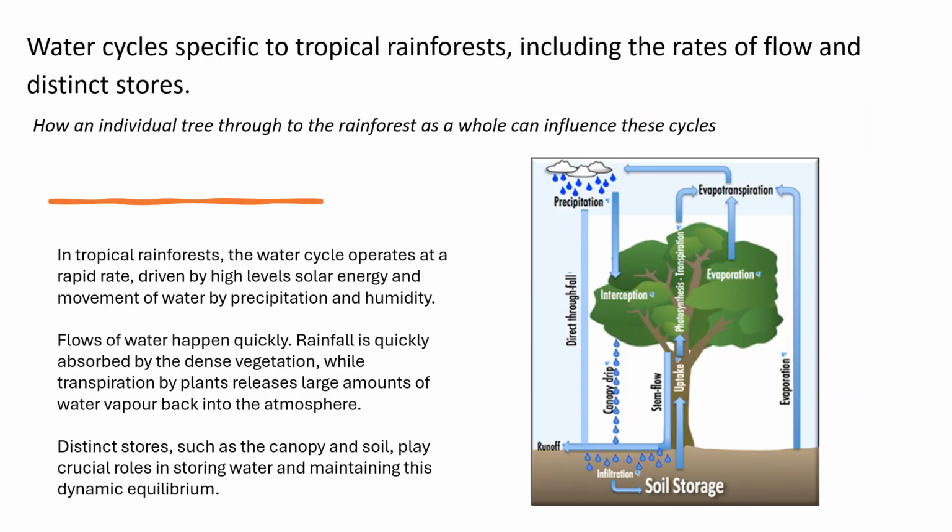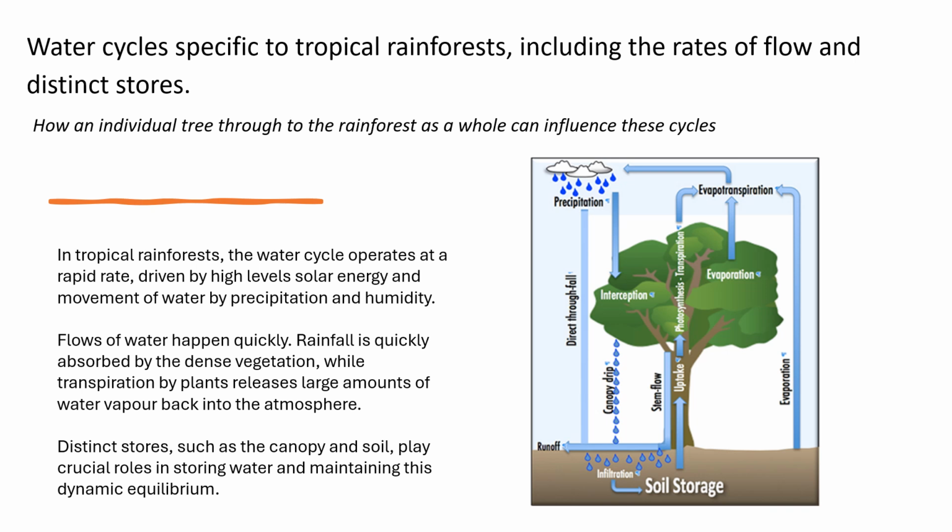So now we know a little bit about the structure, we need to think about what is happening with the water cycle. So if we think about an individual tree, say one within the canopy, that tree plays an important role. First of all, it acts as an interceptor. It will intercept rainfall, and in our rainforest regions we get a lot of rainfall, daily convectional rainfall.